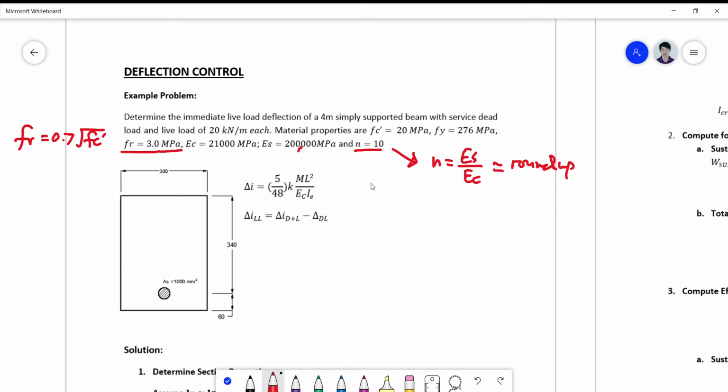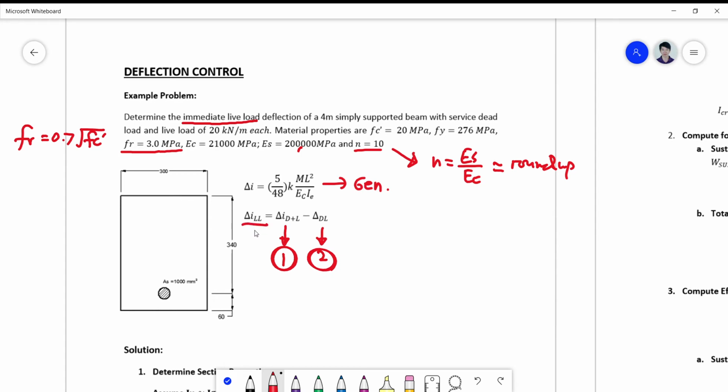So for the formula for the immediate live load deflection, we use delta i is equal to 5 over 48 k M l squared over Ec Ie, and this is actually the general formula. But in case we want to get the deflection only for live load, we need to solve first this, okay, and then this to get this.